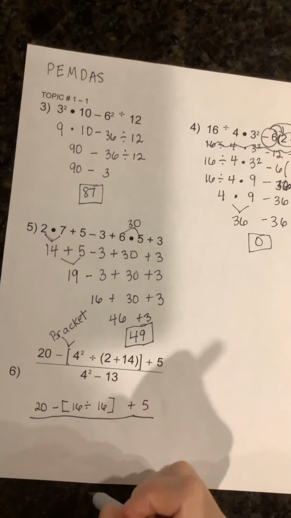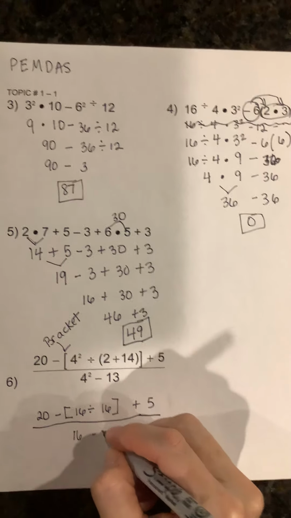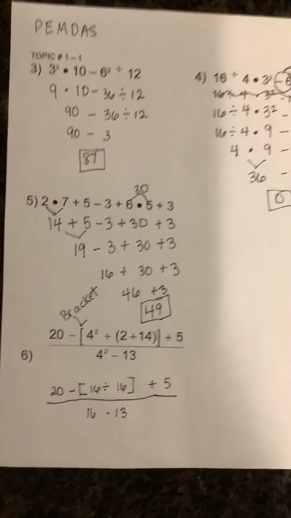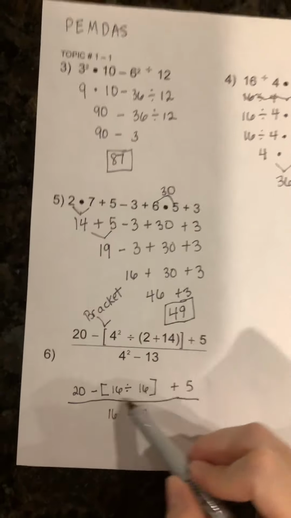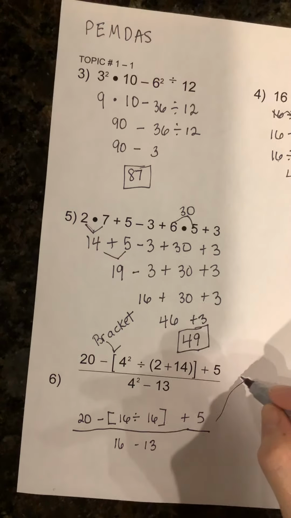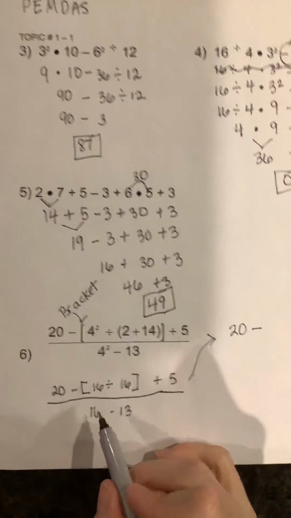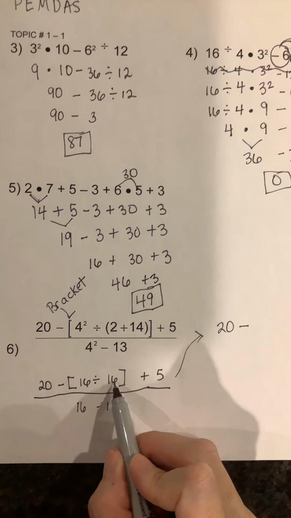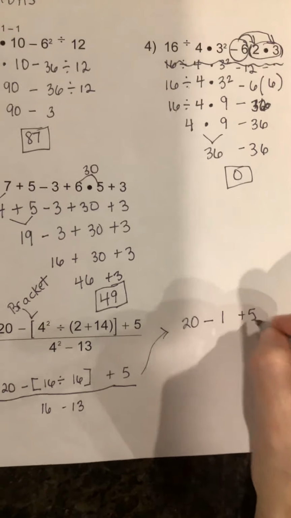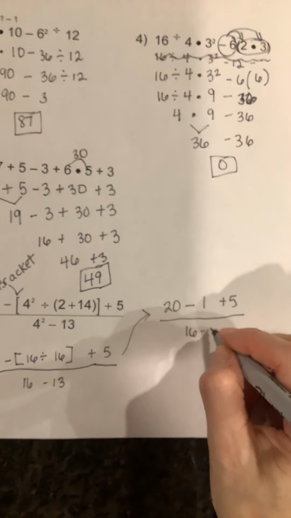All of that is going to be over 4 squared is 16 minus 13. Okay, so now I've still got some stuff inside that bracket that needs to be taken care of. So I'm going to bring this up over here. So I have 20 minus, and 16 divided by 16 is 1. And I'm going to add my plus 5. And all of that goes over 16 minus 13.